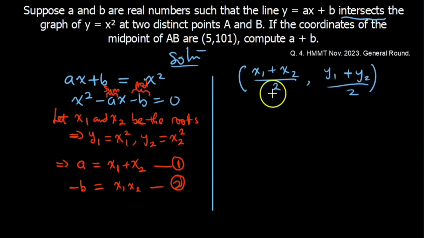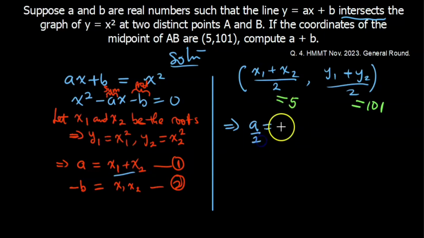The x coordinate gives 5, while the y coordinate gives 101. So from the given information, x1 plus x2, which we called a from equation 1, divided by 2 equals 5. So a over 2 equals 5, which tells us that a is 10.